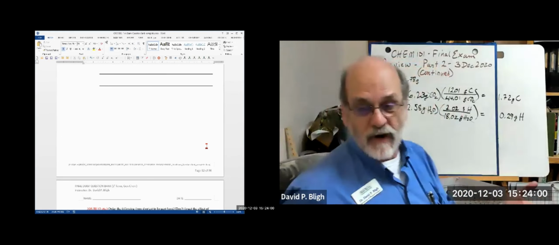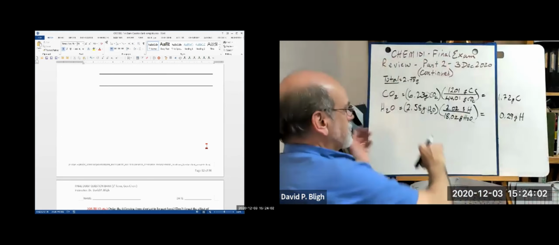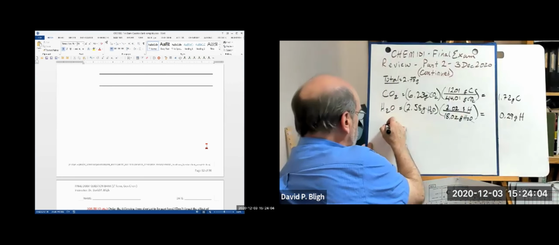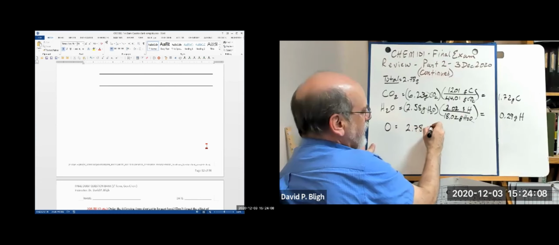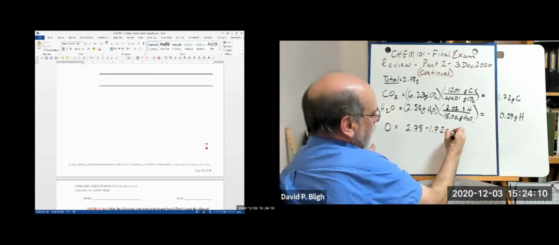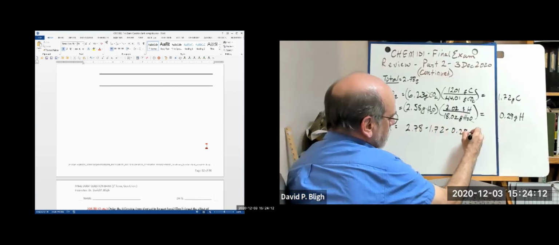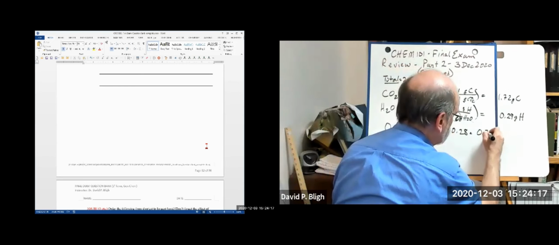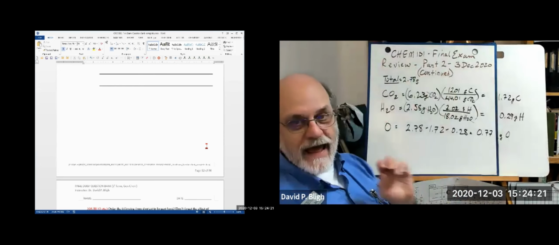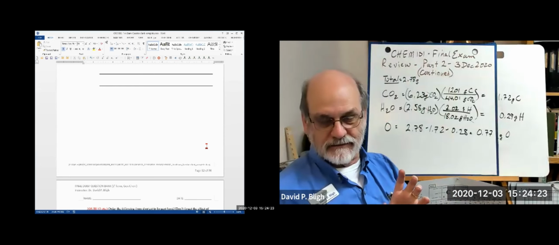Okay, so how much oxygen is there? Oxygen then equals 2.78 minus 1.72 minus 0.28. And that should be 0.77 of oxygen. Now we have the composition of the element.